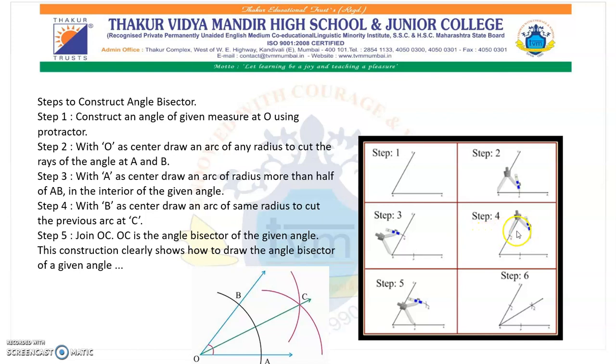In step 4, again draw an arc of the same radius which cuts the previous at point C. In step 5, we will get the intersecting point. In step 6, we will join the vertex of the angle to the intersecting point of the arcs. We get the angle bisector.